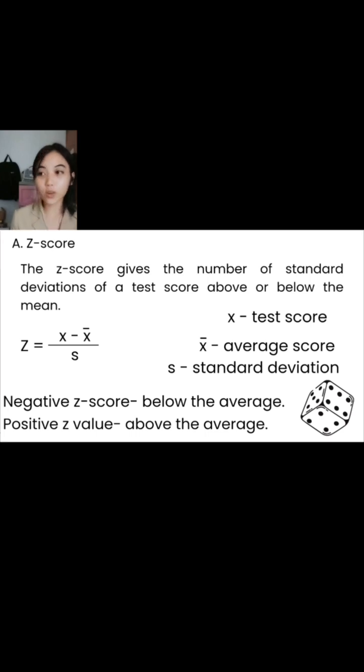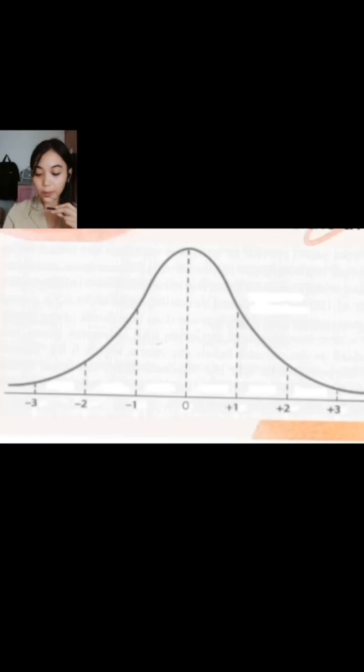The z-score gives the number of standard deviations of a test score above or below the mean. Here is the illustration of z-scores. Z equals our raw score minus the mean, divided by our standard deviation. So here we have an example of a normal curve.